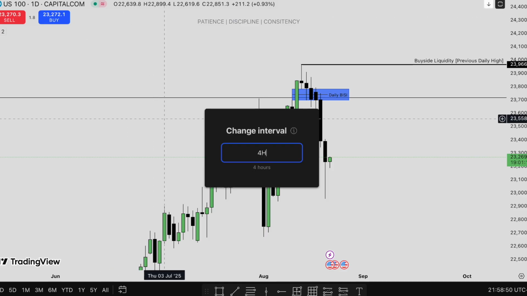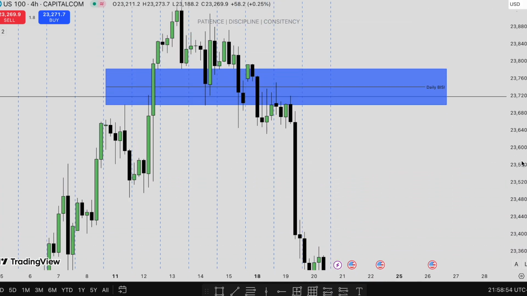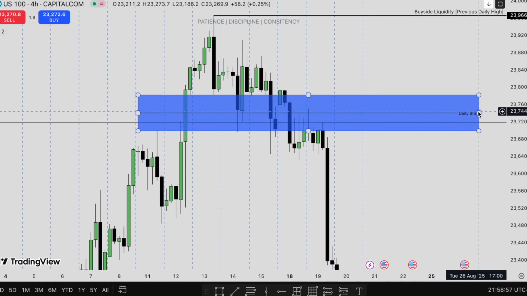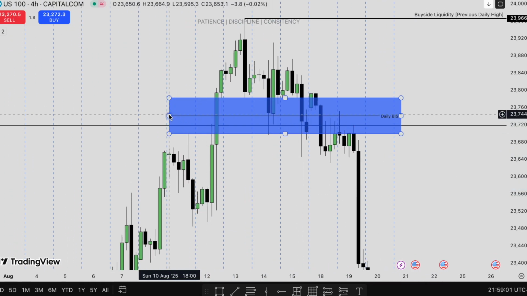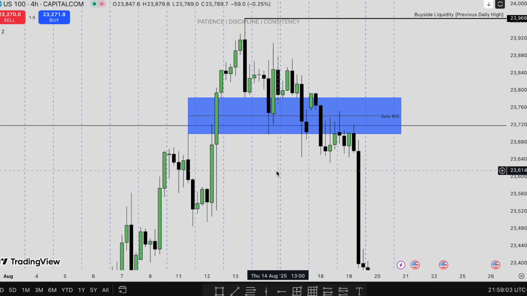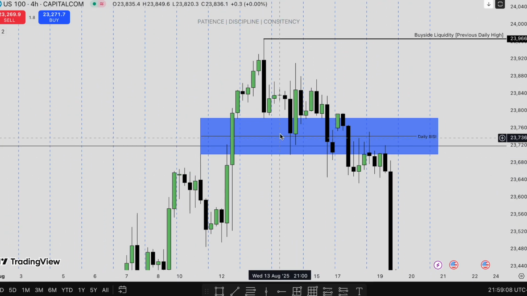Drop down to the 4H. Okay, this is a bit exaggerated. Here we go. So this is where price was. Price was in here in this daily BSC, right?